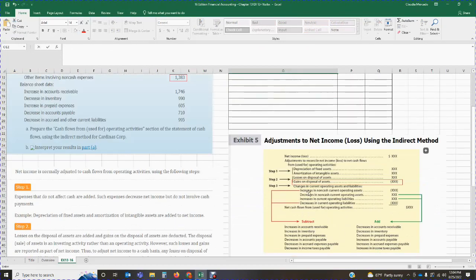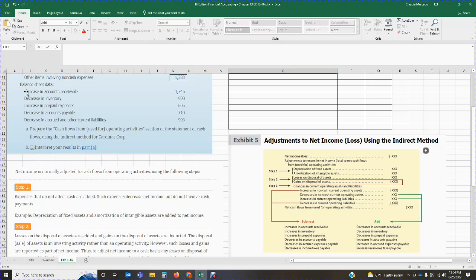The first one we have is increases in non-cash current operating assets. Depending on if it's an increase or a decrease is whether we're going to add or subtract. So let's look at all of these balance sheet items.